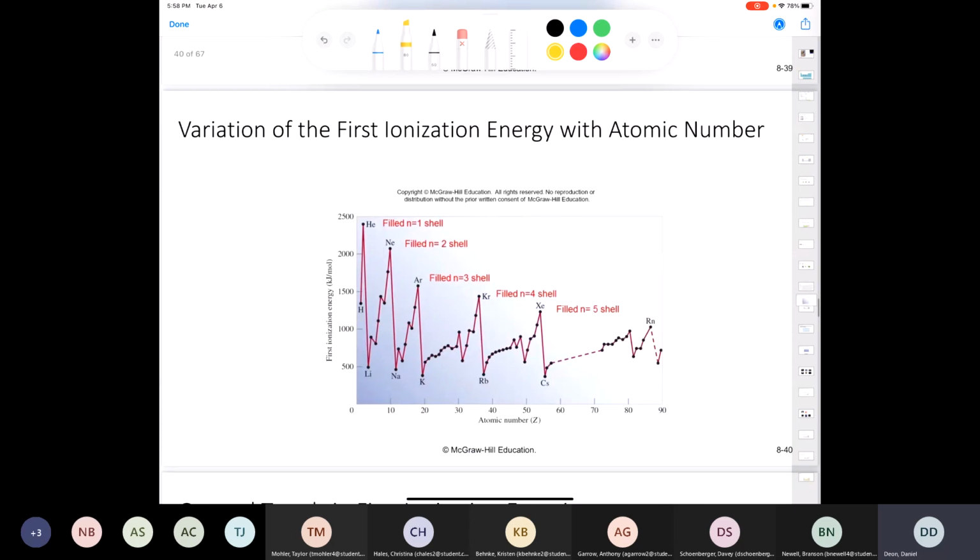Here is a graph that shows the first ionization energy plotted against atomic number. A lot of this will make sense to you, right? It makes sense that within a period, if you go from lithium to neon, for example, the first ionization energy should increase as we go across a period.